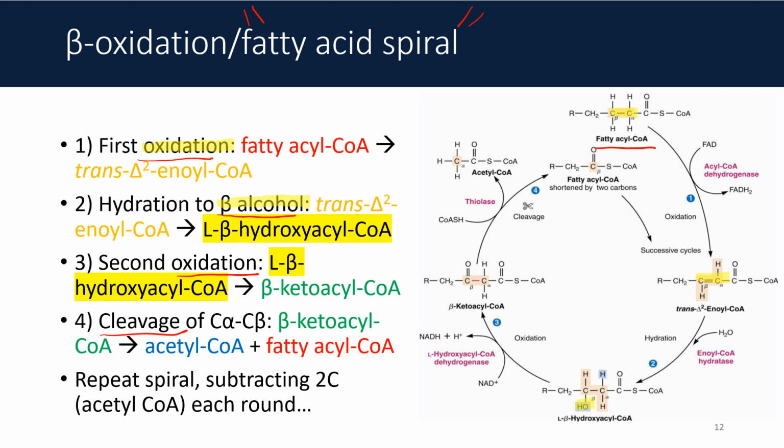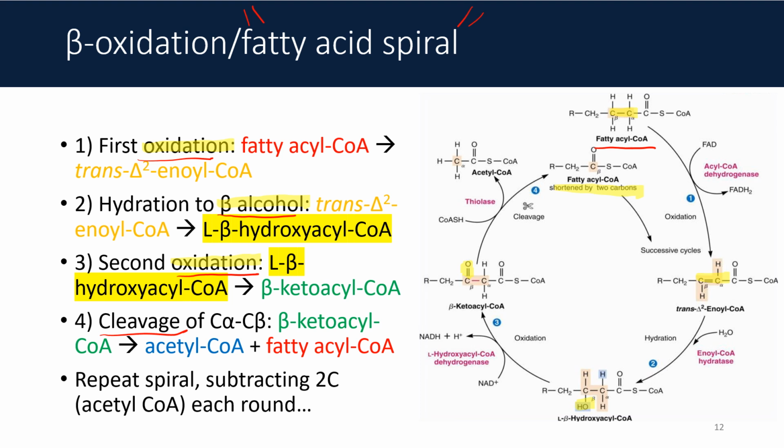Then we will oxidize that alcohol into a ketone, which is going to make this very unstable and easy to break apart and generate an acetyl-CoA fragment and a fatty acyl-CoA again that has been shortened by two carbons.